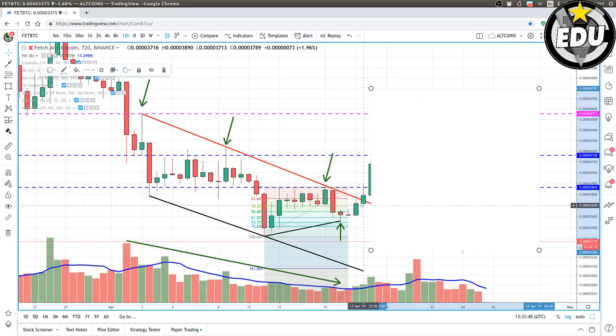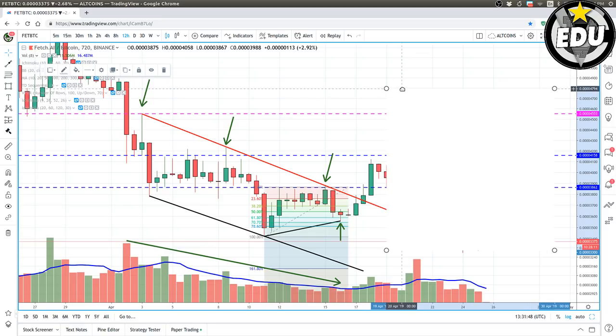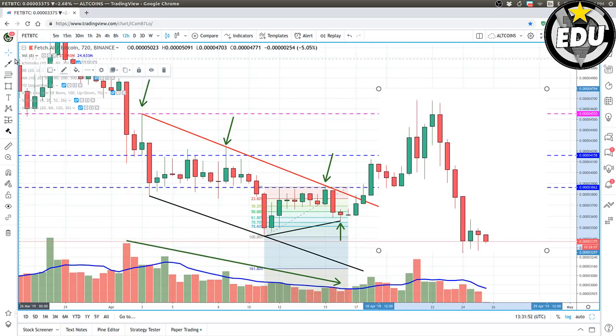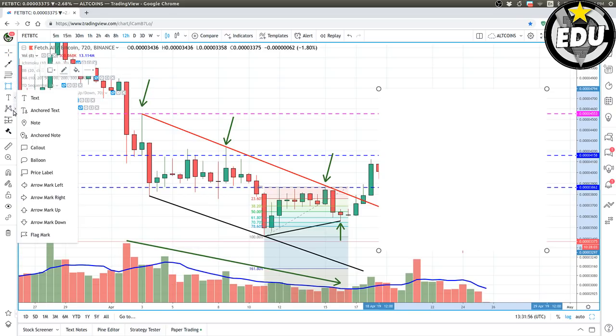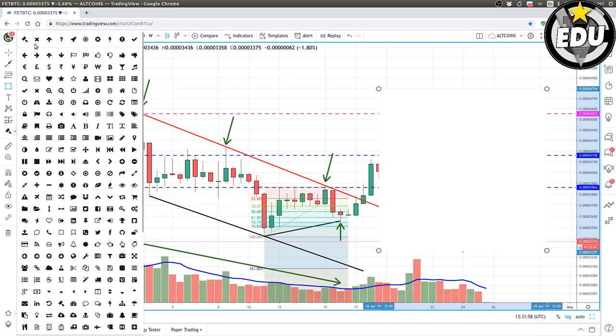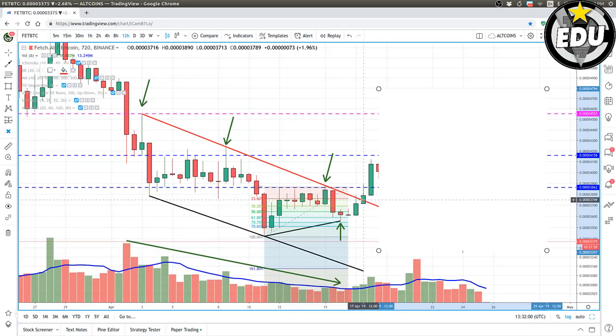Why? Because it can just make a false breakout and just drop. So I missed the first spike. What happened here? On this spike, we broke above. Here we broke my channel.